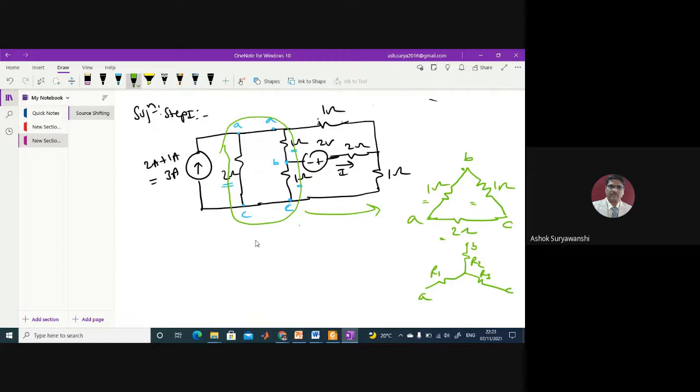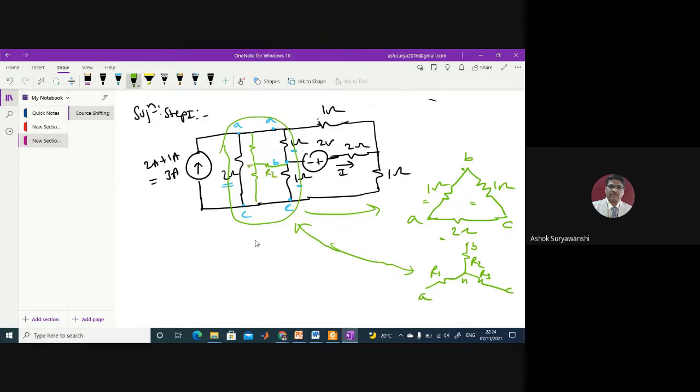Suppose from A there is one resistor, from C there is another resistor. You can just check this diagram, and then between B and, suppose this is your neutral N. So between B and N there is R2.